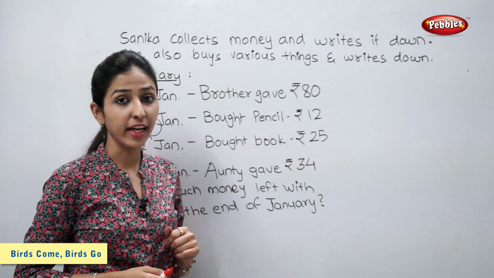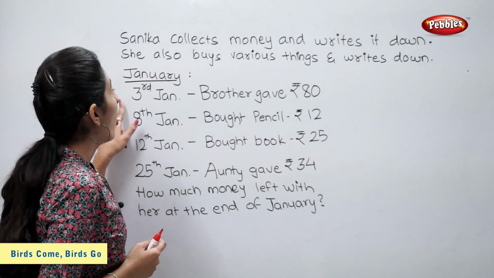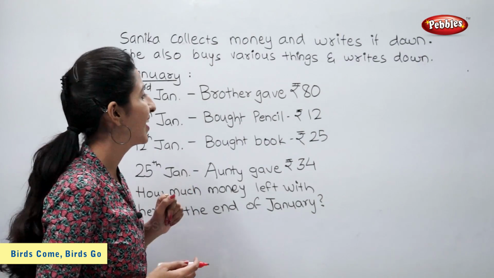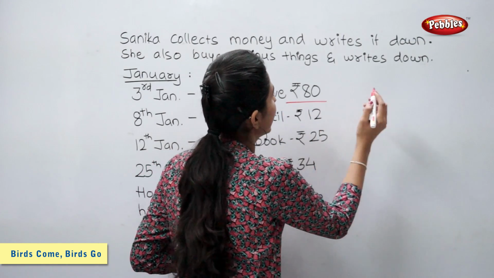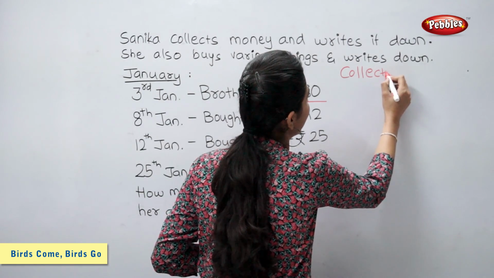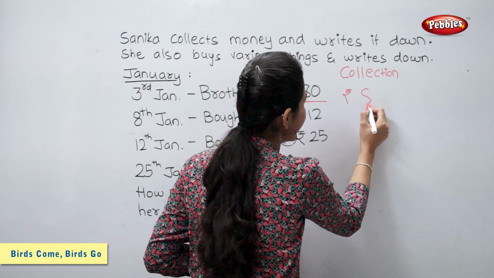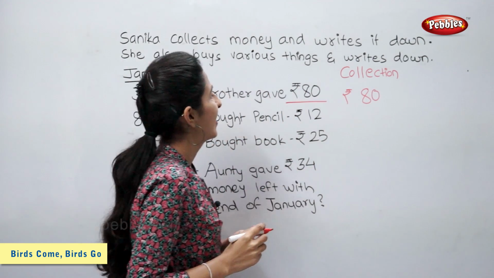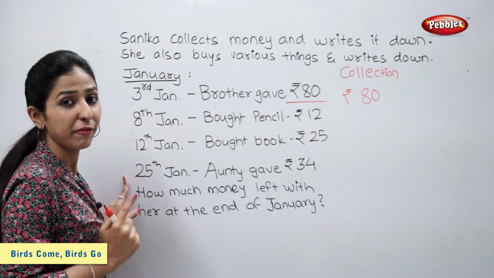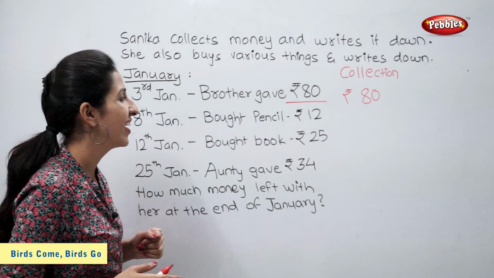First, let us find out the money she collected. On 3rd January, her brother gave her rupees 80. Collection: rupees 80. On 25th January, auntie gave her rupees 34.